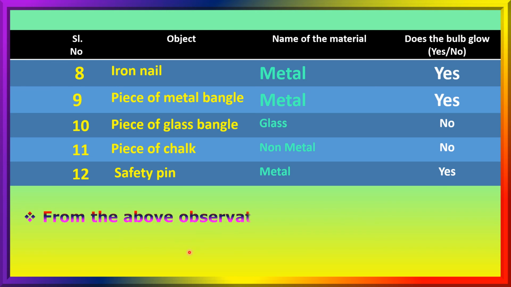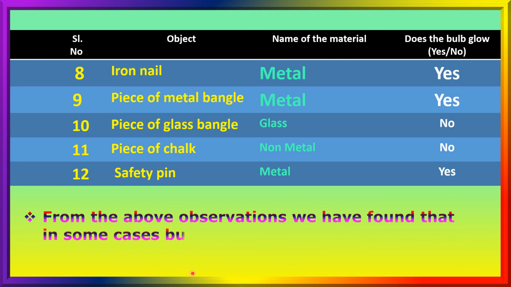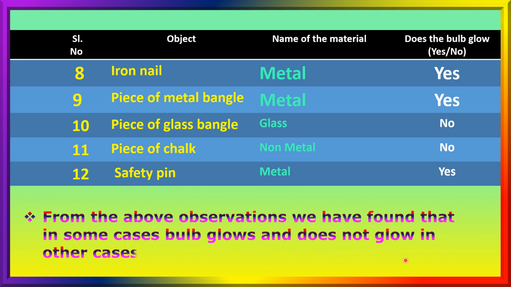So from the above observations, we have found that in some cases the bulb glows and in other cases it does not glow.